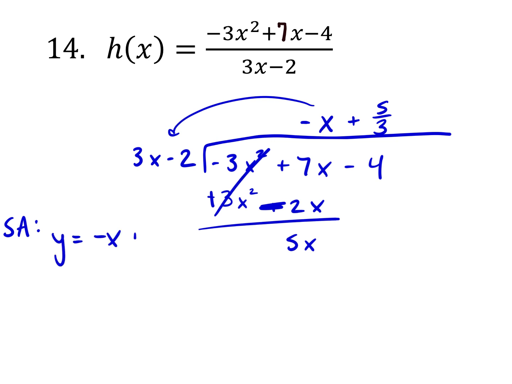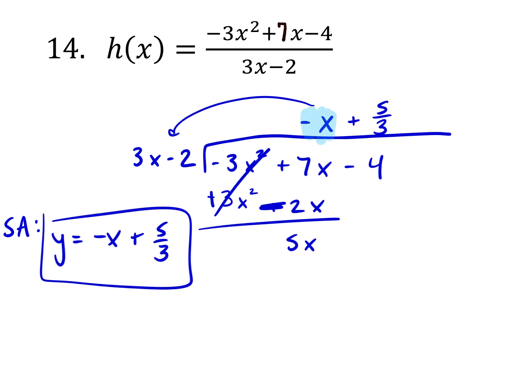Y equals negative x plus 5/3. You only care about the x part and the constant. Once you get your x and your constant, you're done. So you could keep going if you want, but it's just a waste of time. Just divide until you get your x and your constant. Your slant asymptote is going to be in the form of y equals mx plus b.